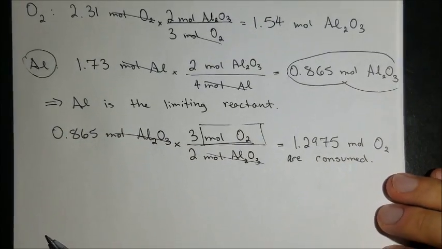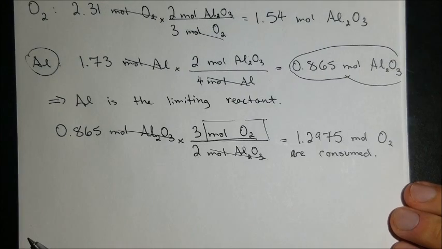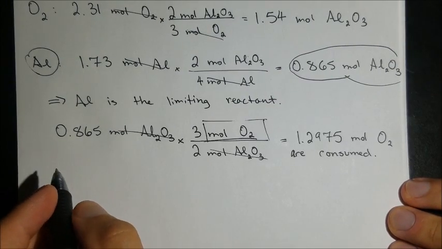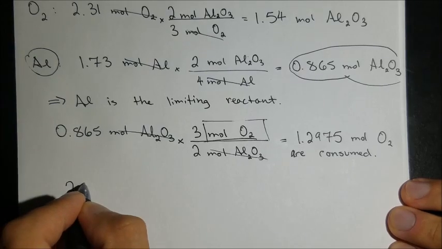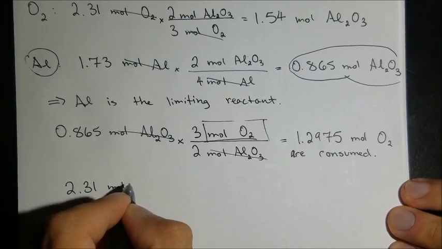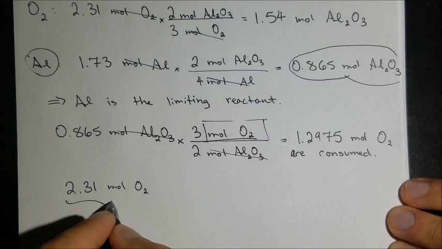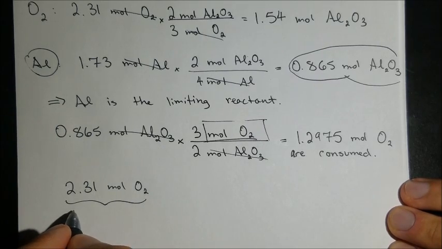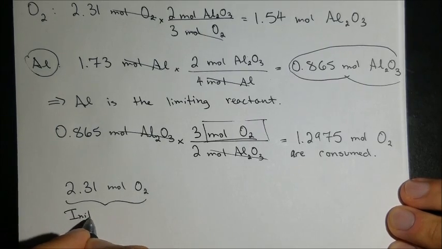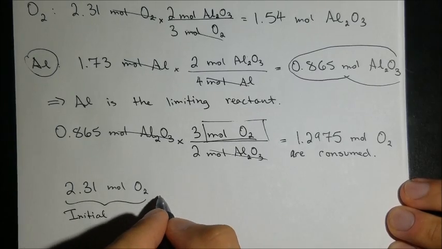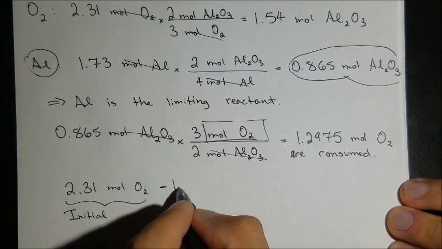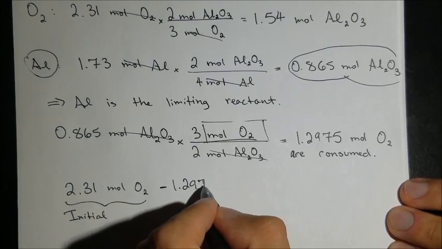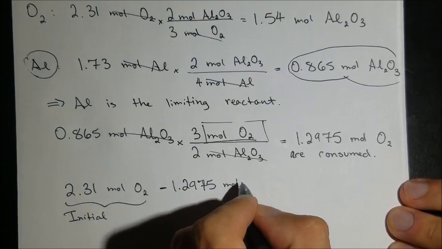So now I'll bring you here, and we can do that mathematically. So we started with 2.31 moles of oxygen, right? So this is what we began with. Now we want to subtract from that 1.2975 moles of oxygen.